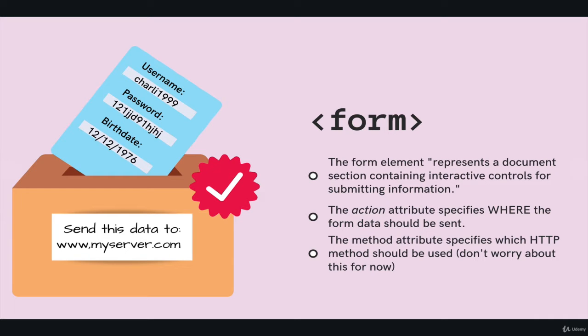So we can specify, send this data from the form to my server, or send it to, I'll show you a demo, we could send data to Reddit's server if we wanted to. We can send data, I won't say wherever, but we have a lot of flexibility. And that parent form element that we wrap around everything else is where we specify how the data should be sent and where.